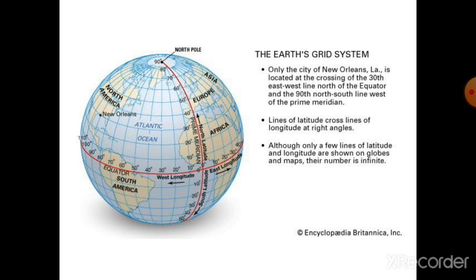The city of New Orleans is located at the crossing of the 30th east-west line north of the equator and the 90th north-south line west of the prime meridian. Lines of latitude cross lines of longitude at right angles, as I told earlier.